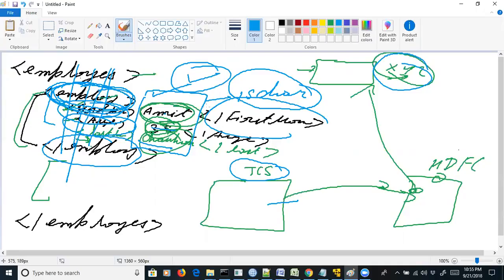Suppose I want to pass the same information in a CSV file, a comma separated or delimited file. What I have to do is I just have to write Amit, comma, 35, comma, Chauhan. I don't need to write any other metadata.